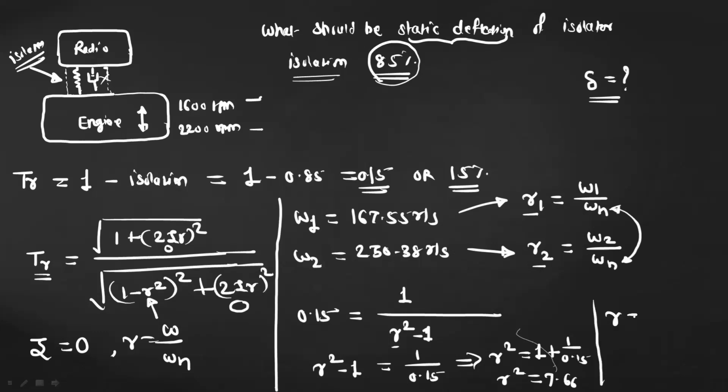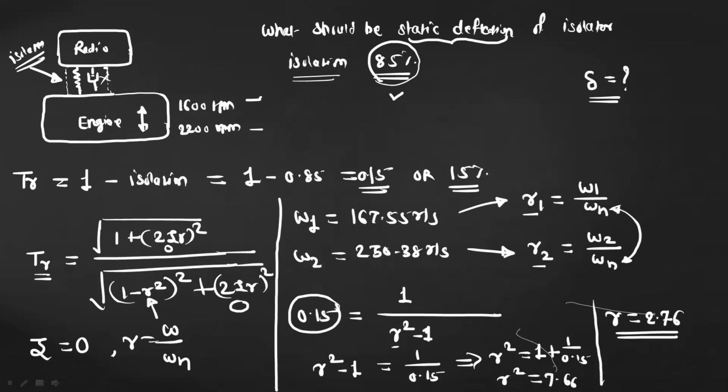And r is equal to the square root, so it is 2.76. So this is the r value, so that the transmissibility will be 0.15, or isolation will be 0.85 or 85% isolation. This is the limiting value for the frequency ratio.